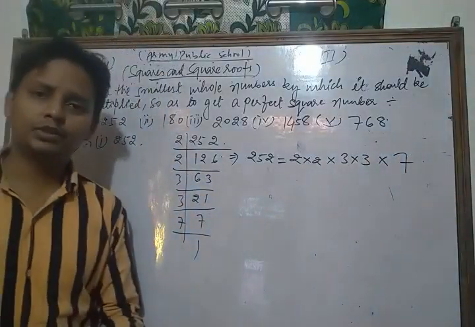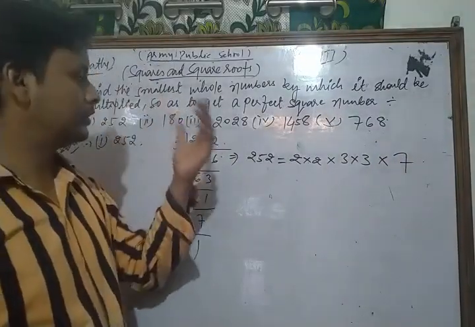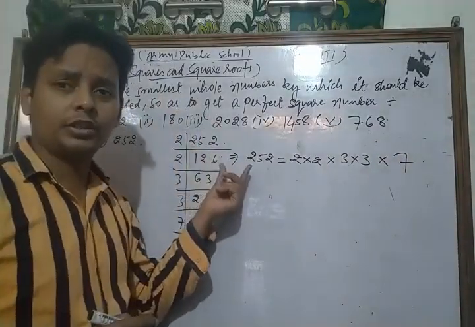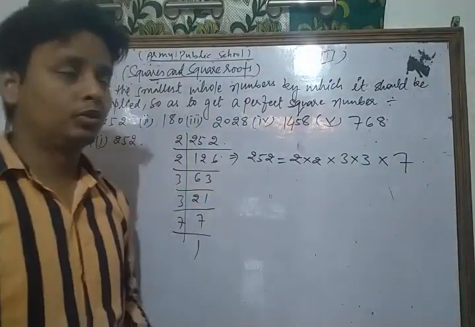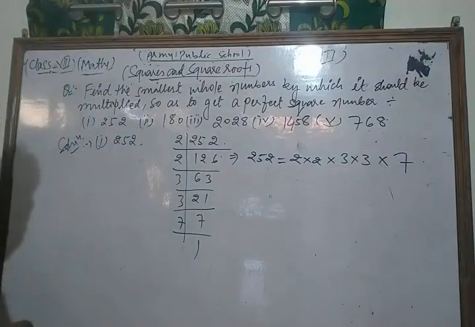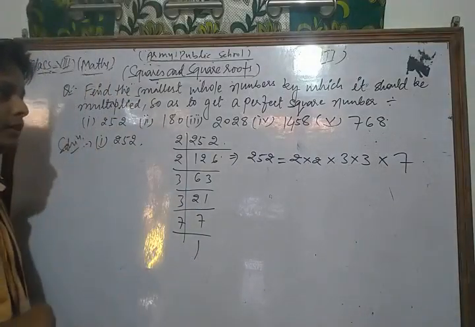So dear students, in this way after prime factorization of the given number we get 2 into 2 into 3 into 3 into 7. So our question is what? Find the smallest whole number by which it should be multiplied so as to get a perfect square number.